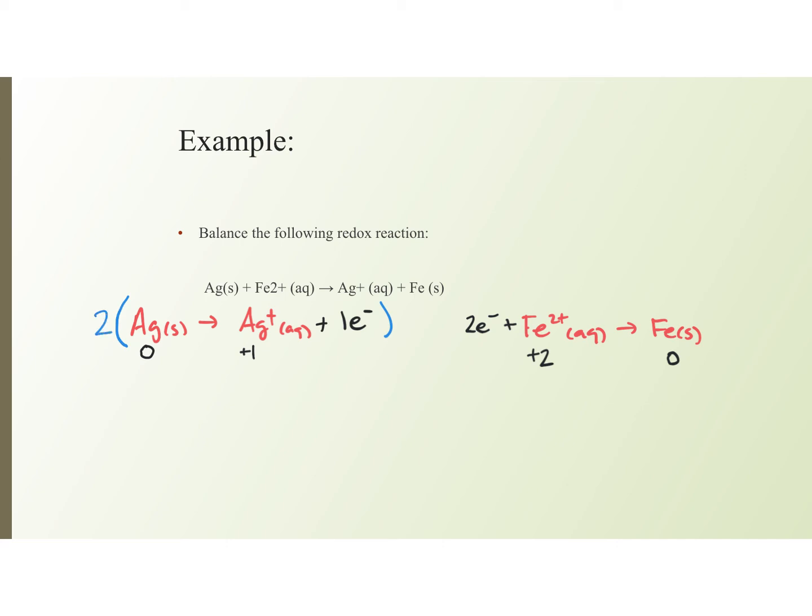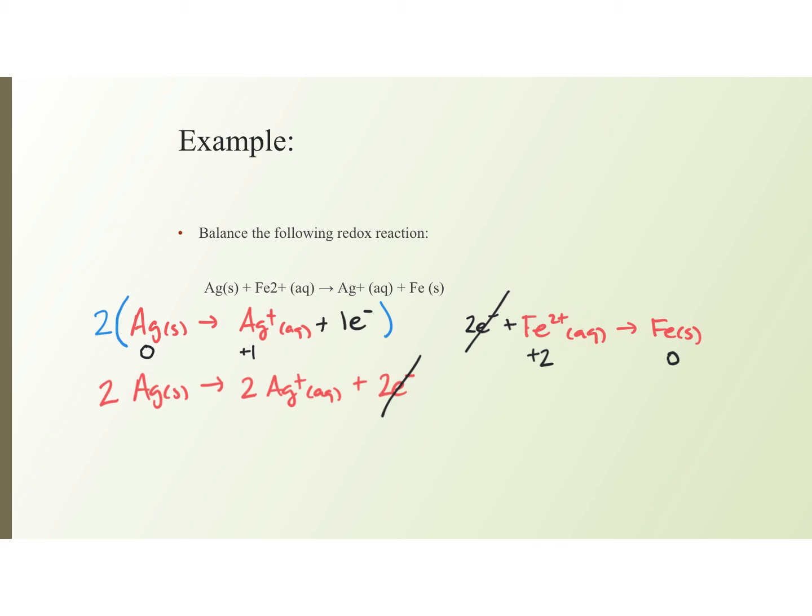So when I distribute that 2, you get 2 Ag solid yields 2 Ag positive aqueous plus 2 electrons. And now you can see that the electrons are the same in both half reactions, and as a result, we can go ahead and cancel these. Okay. Now, to write the overall reaction, we take the reactants of what's left over and combine them.